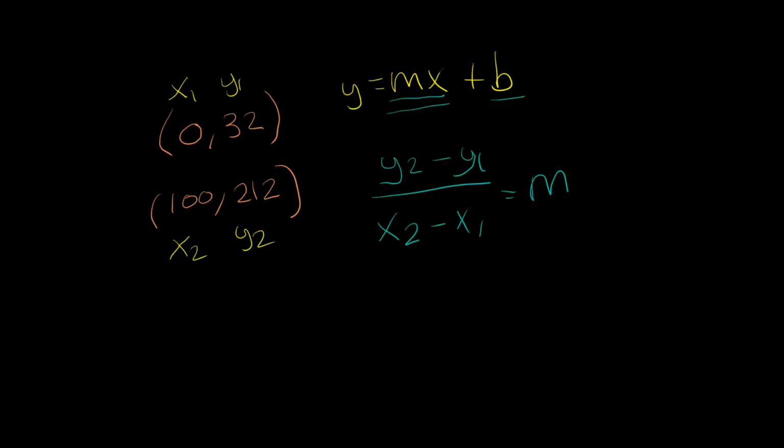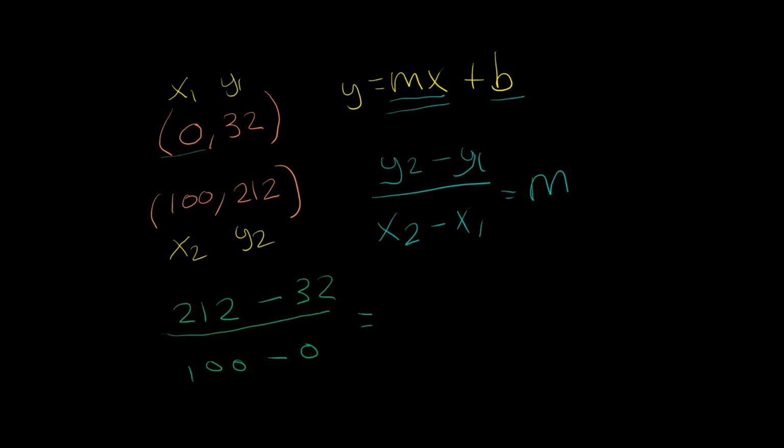So y2 is 212 minus y1, which is 32, all divided by x2, which is 100, minus x1, which is 0.